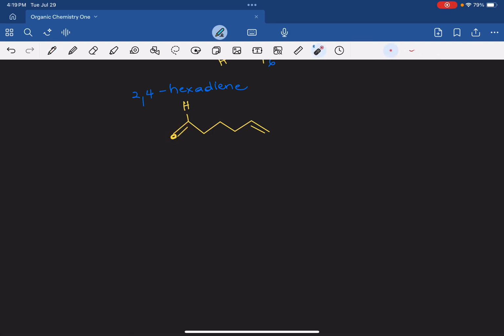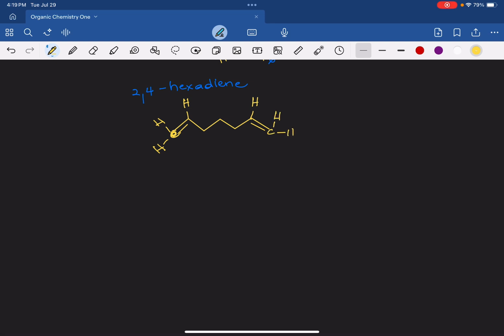So this carbon has 2 bonds, which means what's missing is 2 hydrogens. Do the same thing here: 1 hydrogen here, 2 hydrogens here, so the carbon can have 4 bonds. If you have forgotten line angle or you don't know what I'm talking about, go watch my video on line angle formulas.